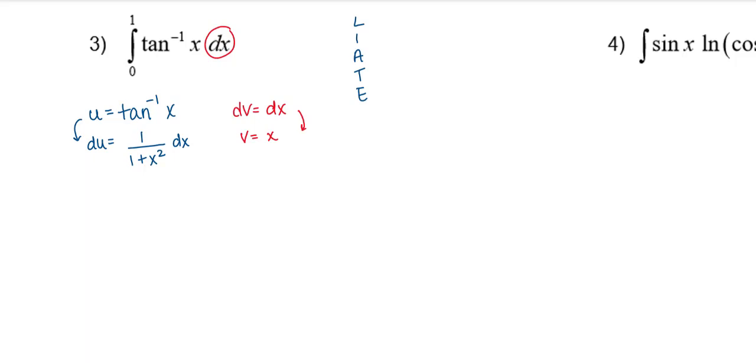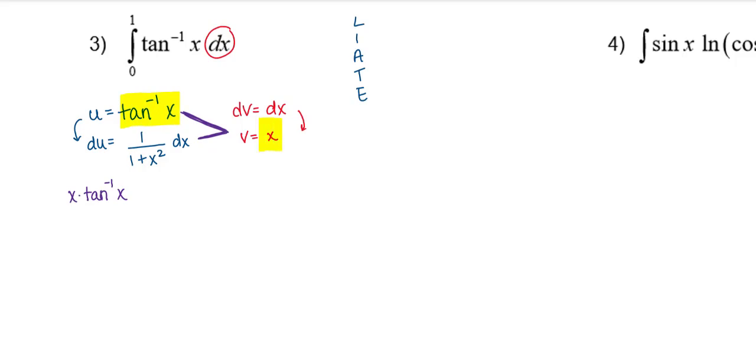And then if you set it up this way, your by parts formula calls for uv, no more antiderivative, minus the antiderivative of v du. So it'll always sort of look like that. So this is going to be the same thing as x times inverse tangent of x. And I'm strategically writing it like that. I know that I'm multiplying these two things together, inverse tangent of x and x.